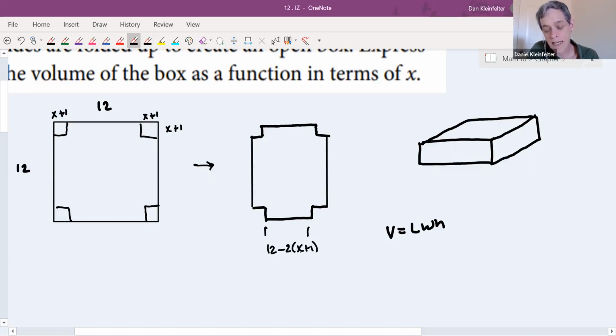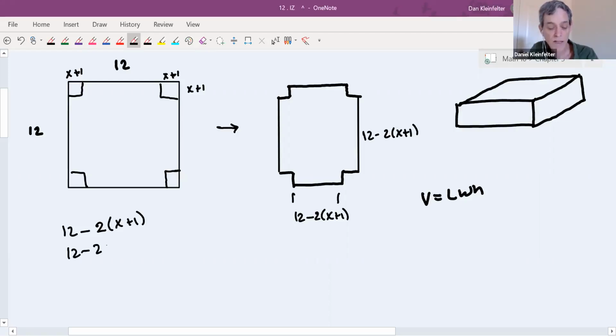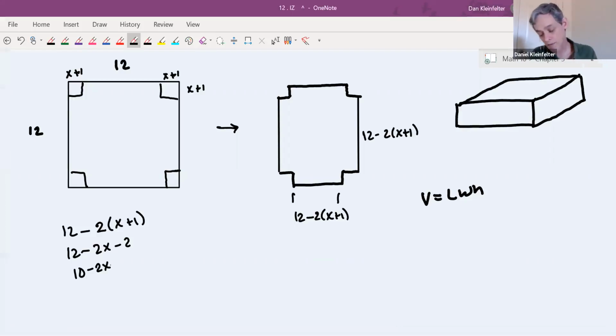We're taking an x plus 1 out of each corner, and that's going to be true on both sides. We're taking 12, which is the length or width, and we're taking 2 x plus 1s from it. So that's 12 minus 2x minus 2, or 10 minus 2x. Okay, so that will be the width and length of the finished box.